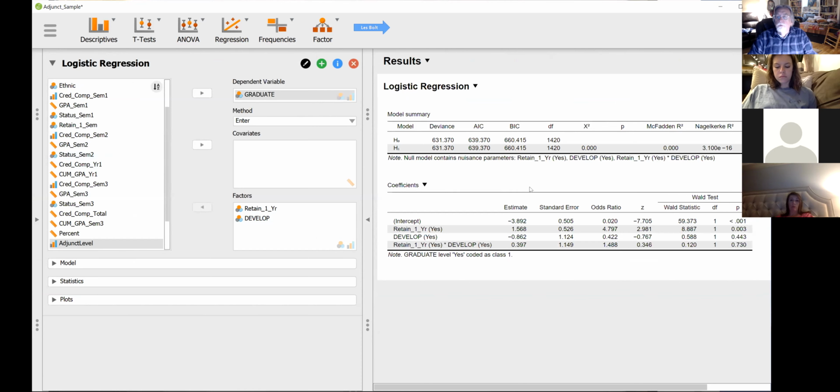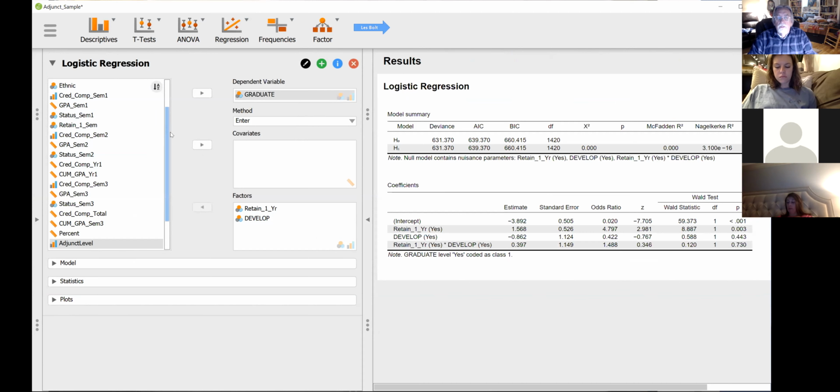In this particular scenario, the logistic regression piece is underneath the regression tab, and it's just logistic regression. It gives you your list of variables.